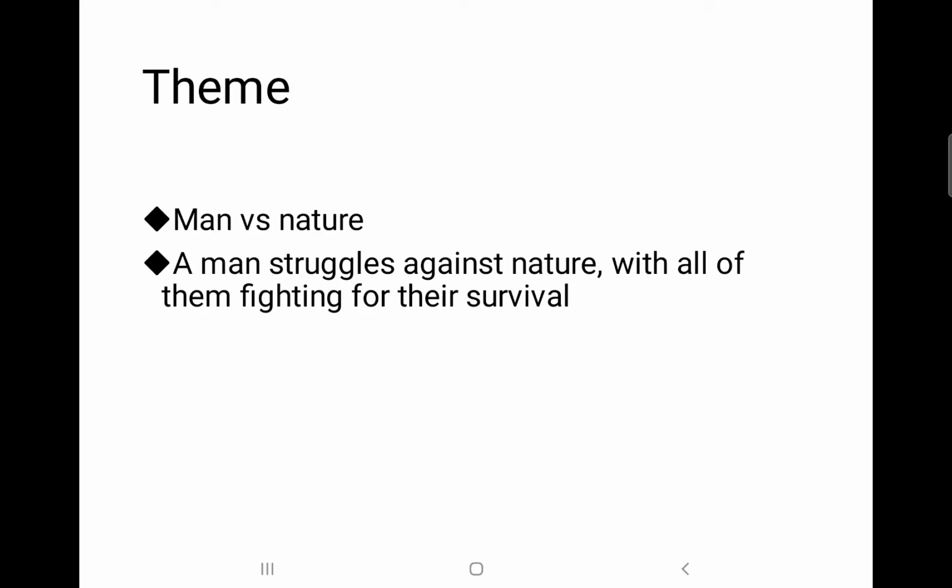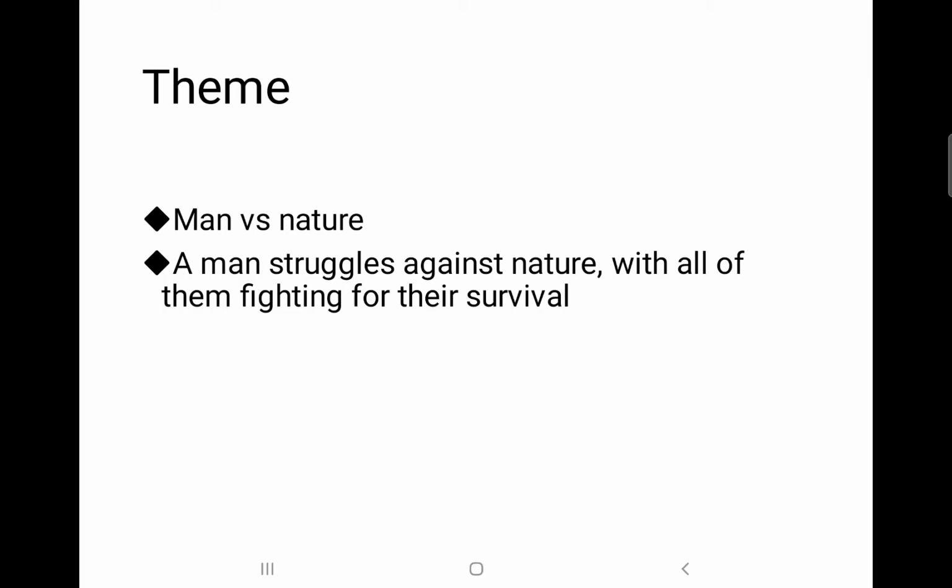The fish needs to get away in order to stay alive. The shark also needs the fish in order to stay alive. All of them are struggling against each other. But you can't blame them because they're not necessarily evil. All of them had valid motivations and all of them just wanted to survive.